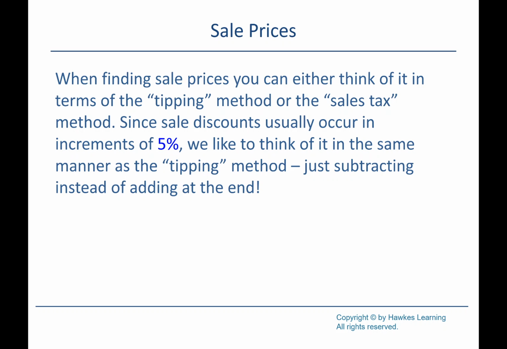So one thing the textbook mentions here is usually if you got a percent sale, it's not some weird number. Like normally you don't see an item advertised as 73.5% off. Right? They normally say it's 70% off or 75% off.